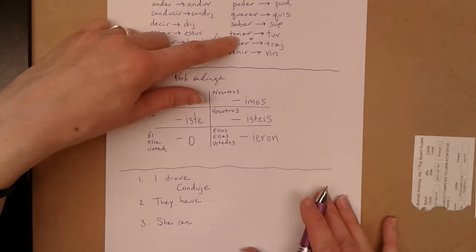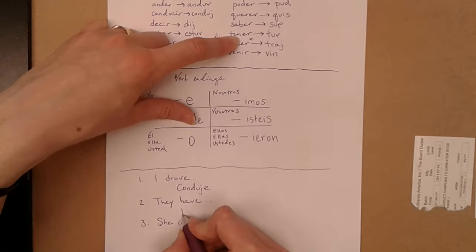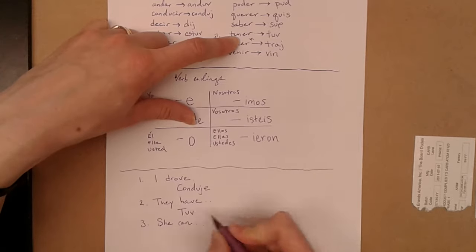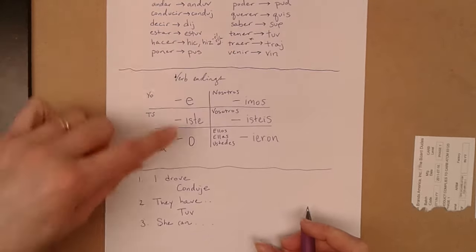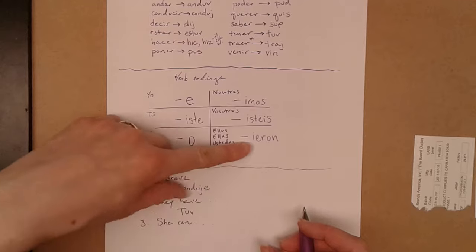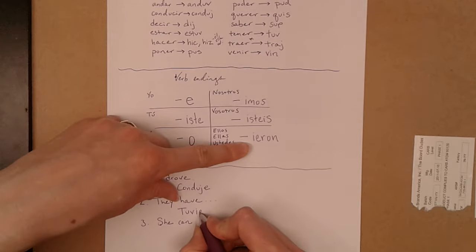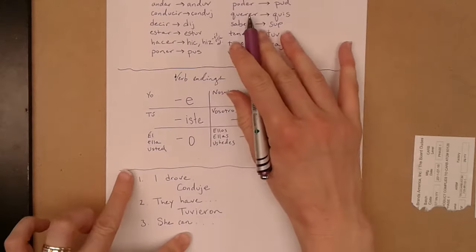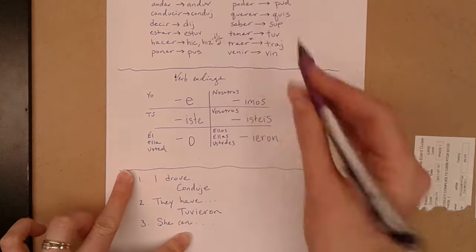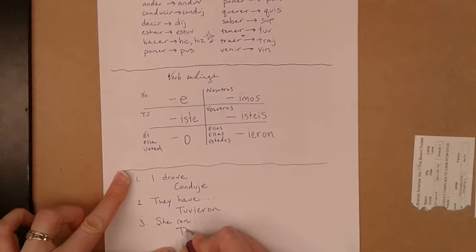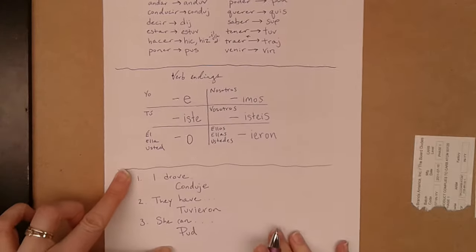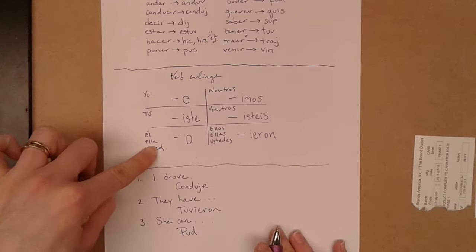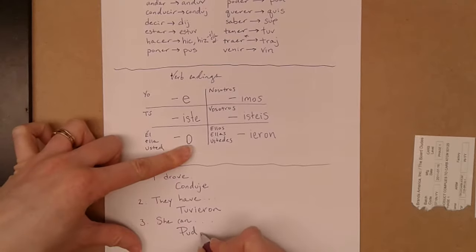So we're using tener, to have. So tuv becomes our stem. They, ellos or ellas, so tuvieron. Now she can. Poder is to be able to. So pud is our stem. Ella is she, so we add the o. Pudo.